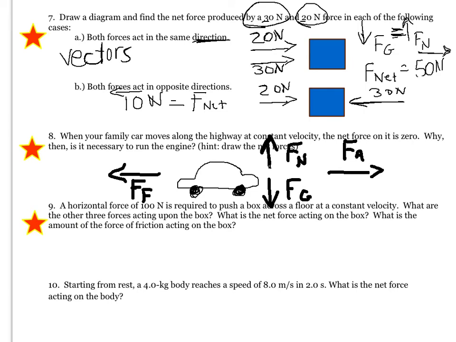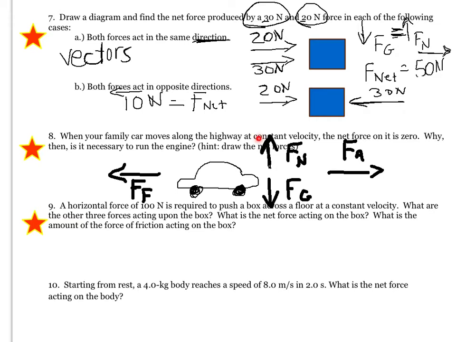Now, in this case, the family car is moving along the highway at a constant velocity. Constant velocity means no acceleration, and no acceleration means all of the forces are balancing out so that there is no acceleration. Any unbalanced forces means you're going to have a change in velocity.